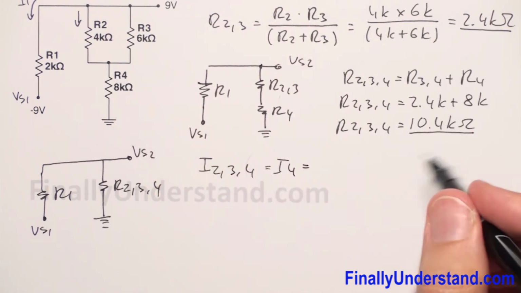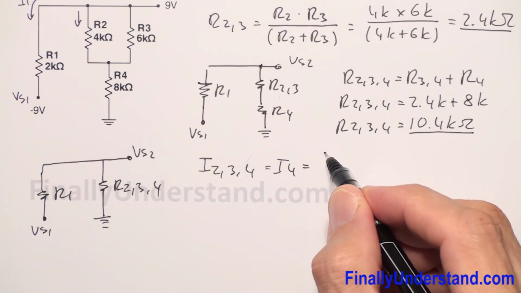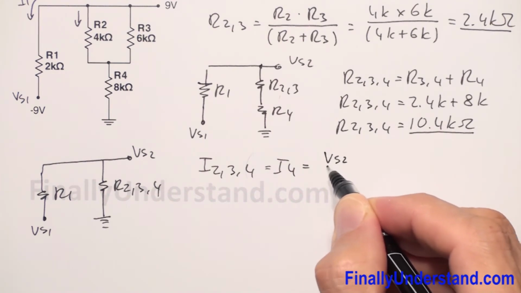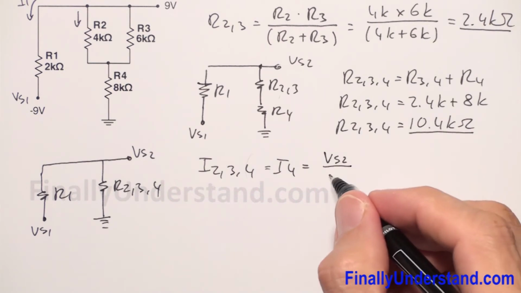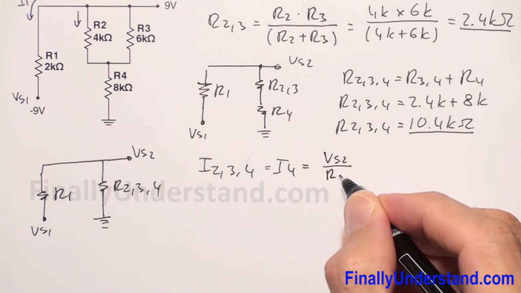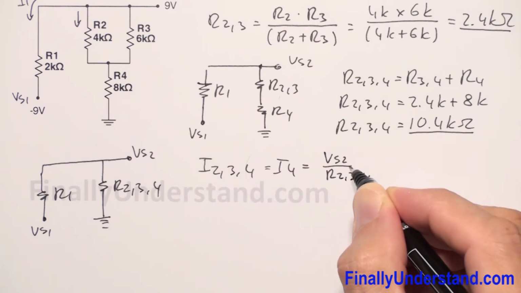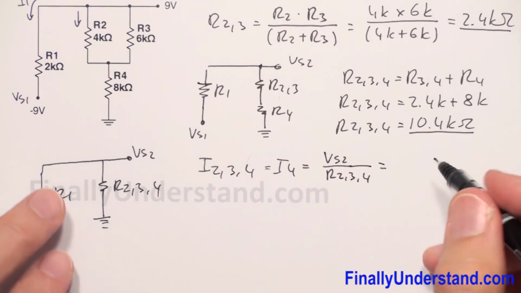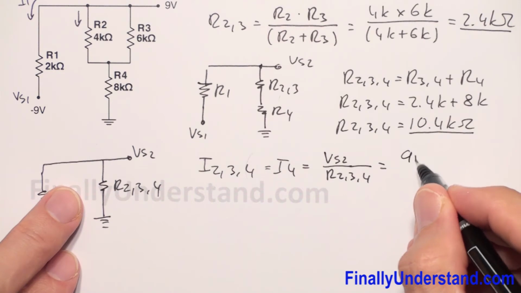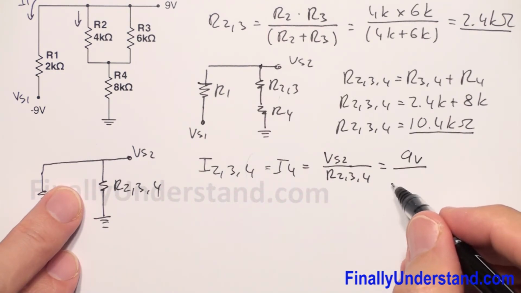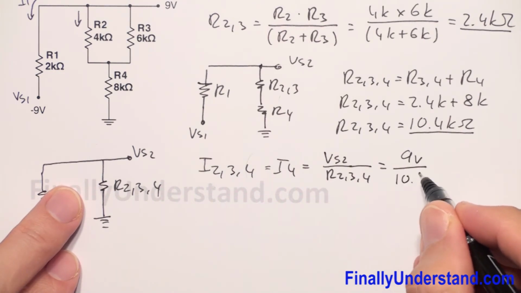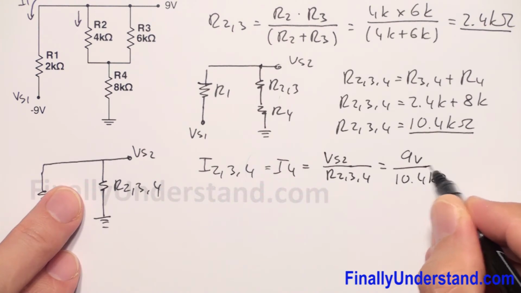So this is equal to voltage source 2 over R234. So voltage source 2 is equal to 9 volts over R234, which is equal to 10.4 kilo ohms.